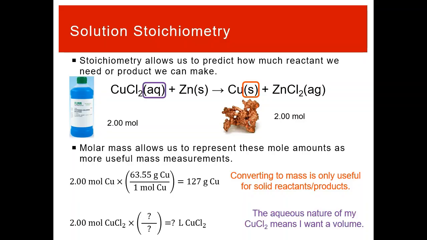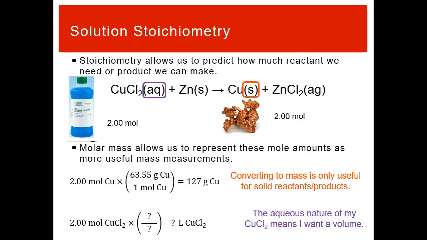If I instead look at copper 2 chloride in this reaction, it's dissolved in solution. It's aqueous. So I need 2 moles of copper 2 chloride, but now that is the solute, the amount of solute floating around in this solution. But because it's a reactant, if I'm going to go get the solution and measure out an amount of it, I'd want a volume of that solution, right?